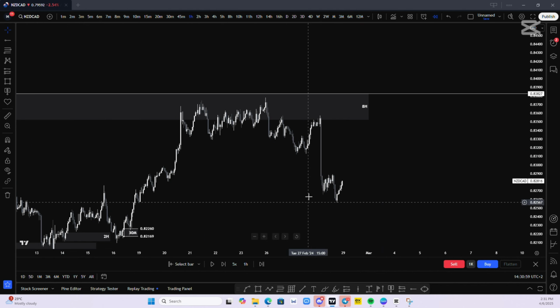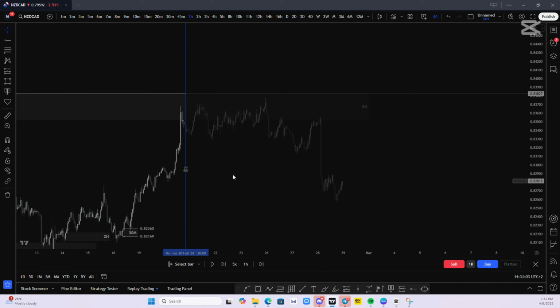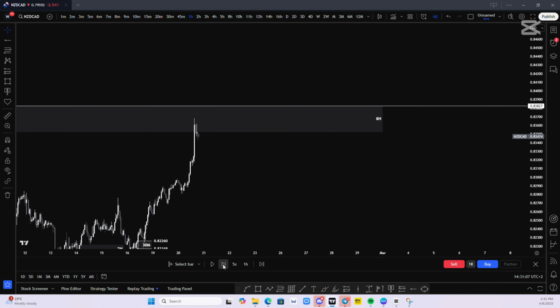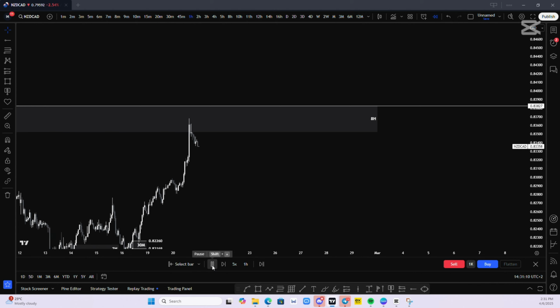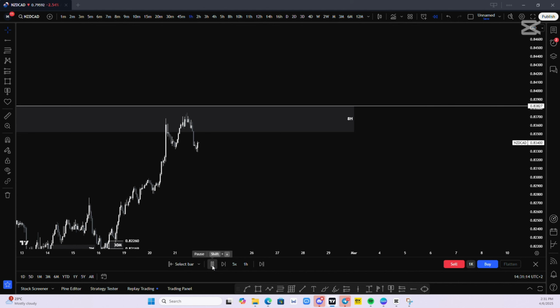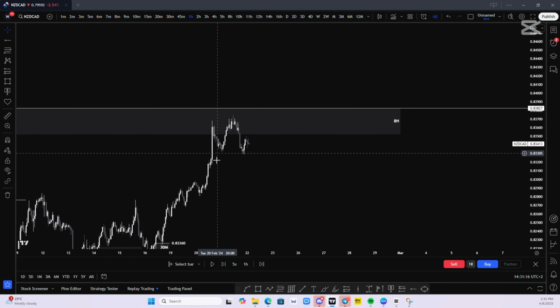So here on the 1 hour chart, let me do this just to replay price to where price gets mitigated, right? So here on the 1 hour time frame, when I play price, we can see that price now mitigated our supply area, and we are going to wait for our higher low to be violated, right?